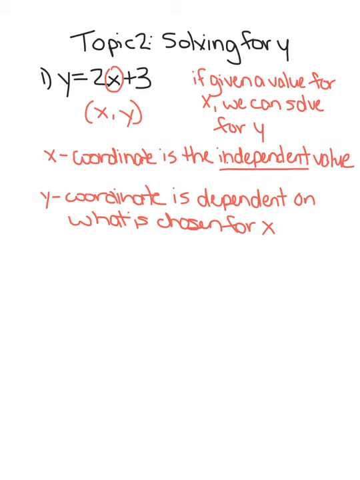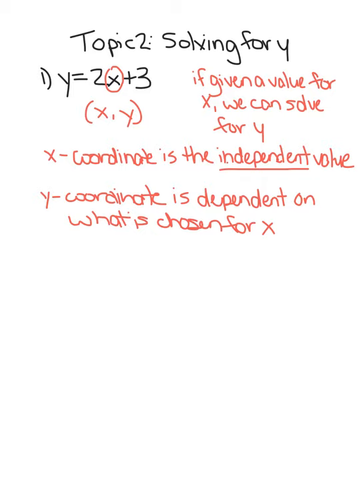The y coordinate is dependent on what is chosen for x. All right, so in theory we get to pick any values for x. In a couple weeks, when we start graphing and doing t-charts, we're going to talk about the best values to pick for x for graphing purposes. But we can pick any values we want for x and then find the corresponding value for y.